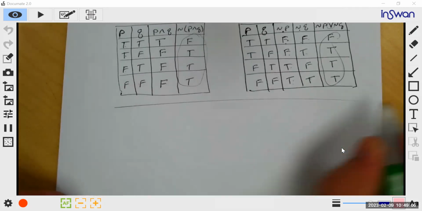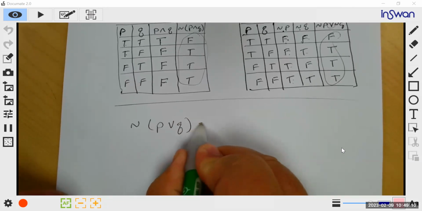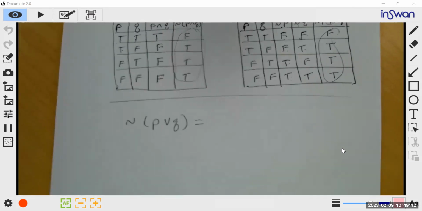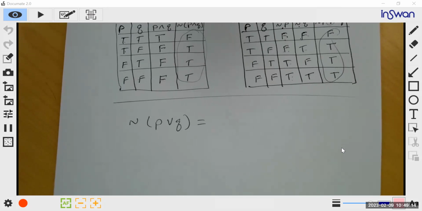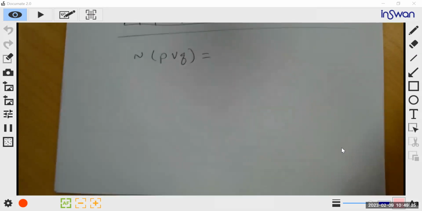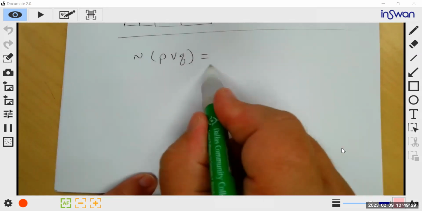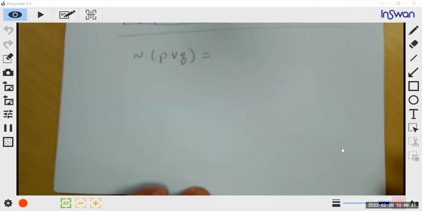So let's look at now the other statement. The not (P or Q). So what do you think this one becomes? What's on this side of the equal sign?